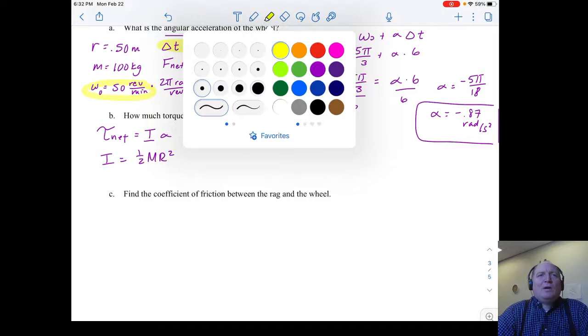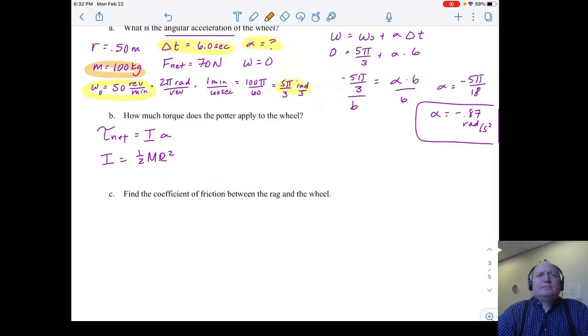Okay, up above, I did determine the mass and the radius, so I'm going to be able to put those in. And so let's do this. So I've got that the net torque is equal to the moment of inertia, which is 1/2 mr squared, and then times alpha, the angular acceleration.